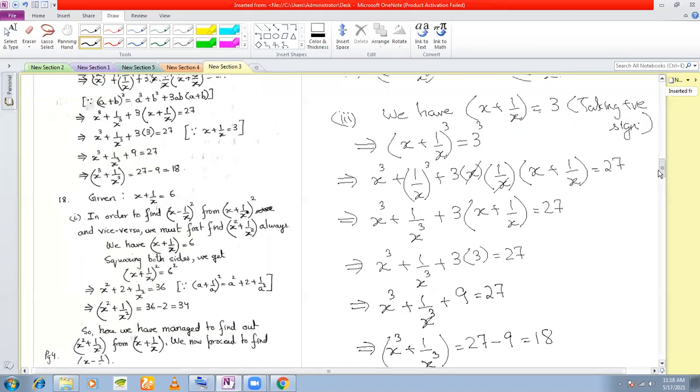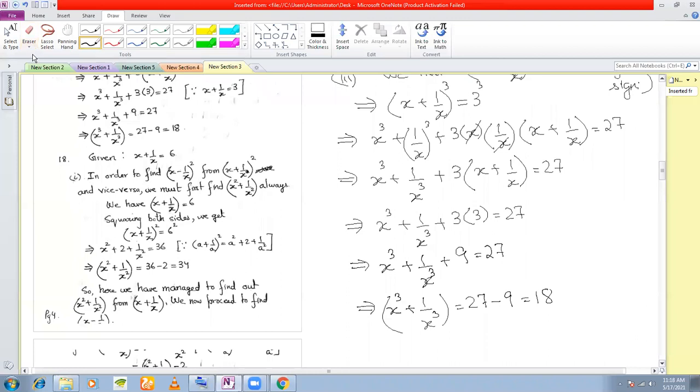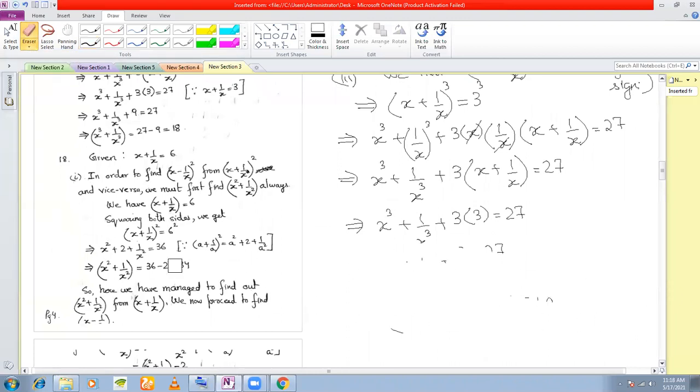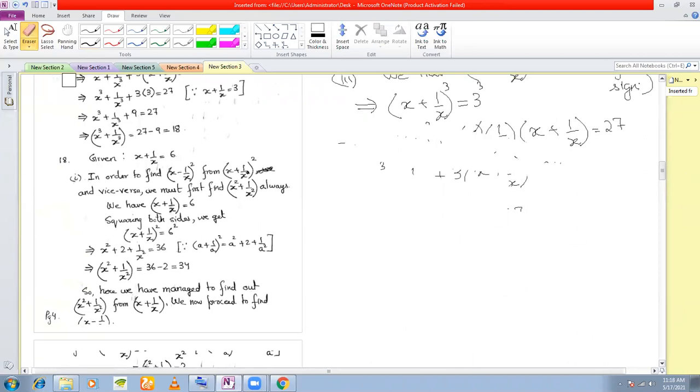We now do number 18. 18 is also somewhat a practice problem. Let us write the problem.